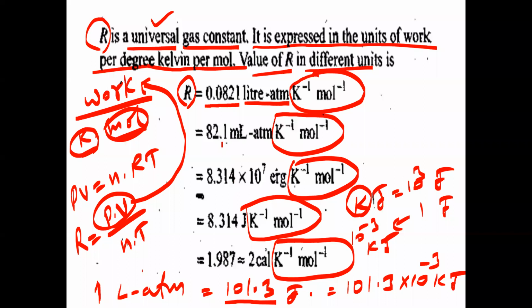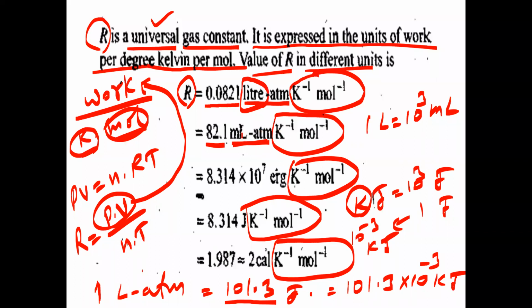And the R value in milliliter atmospheres: 1 liter is equal to how many milliliters? 1000 milliliters, right? So in place of liter, we can write 10 power 3, which indicates 1000. So we get 82.1 milliliter atmosphere, Kelvin inverse, mole inverse.